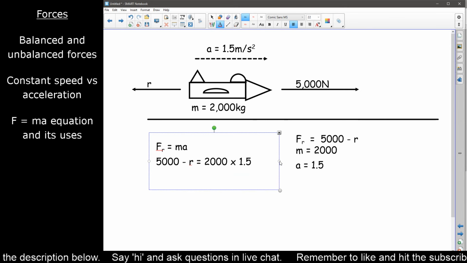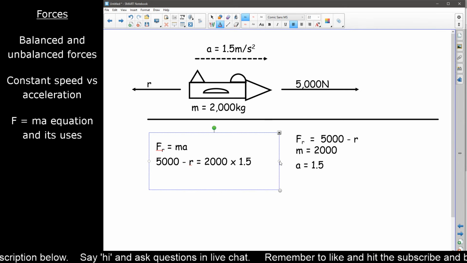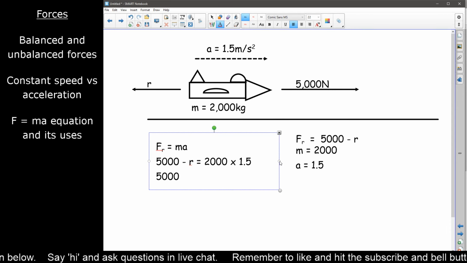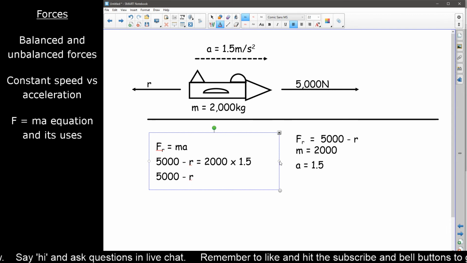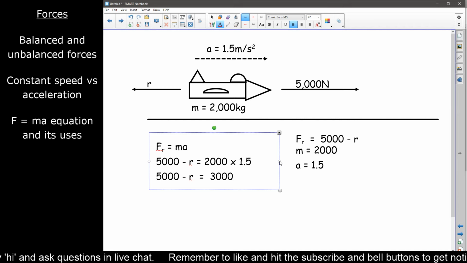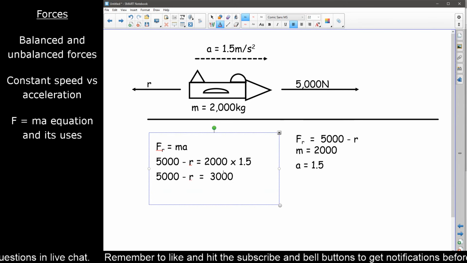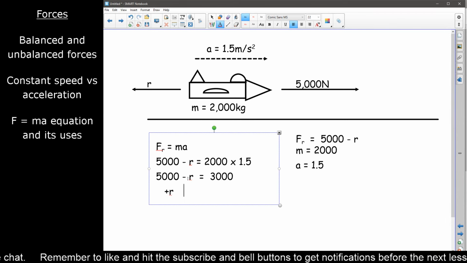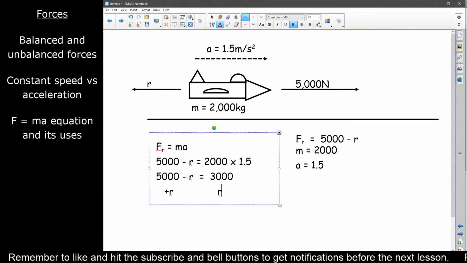Okay, and let's solve the easy bit first. Let's do the math on the other side because we can do 2,000 times 1.5, so that's 5,000 take away R is equal to 3,000. And now I've got to sort this out. My big problem here is I'm dealing with a minus R situation, so I'm going to add R to both sides. Not the only way you can do this, but it's definitely a way to do this.